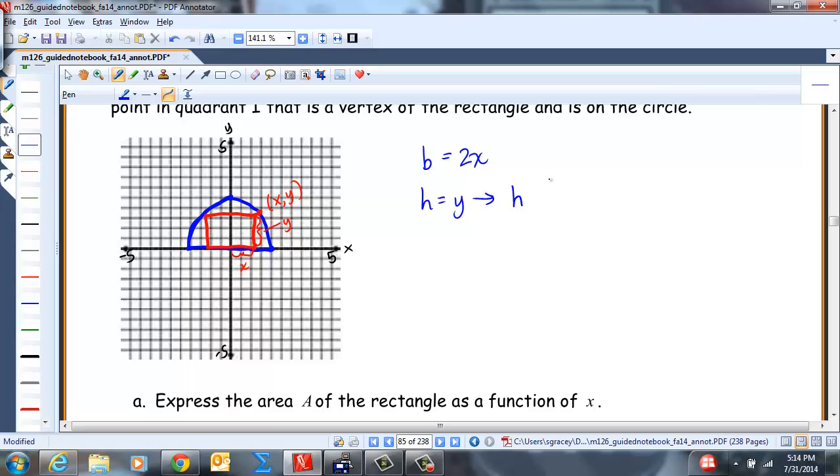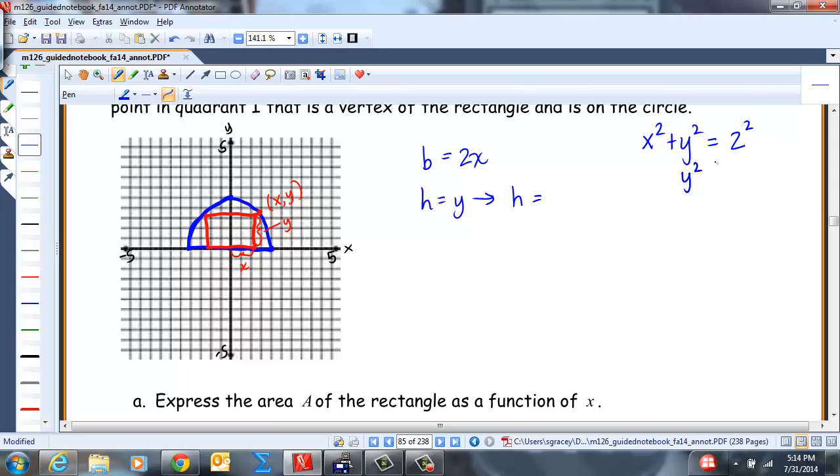So let's do a little bit of work here. Recall that x squared plus y squared equal to 2 squared is a circle with radius 2.